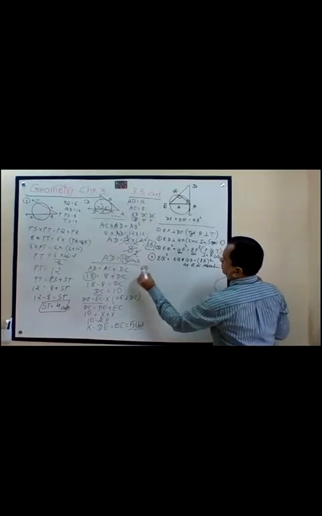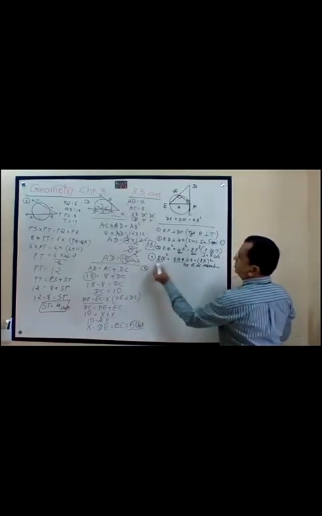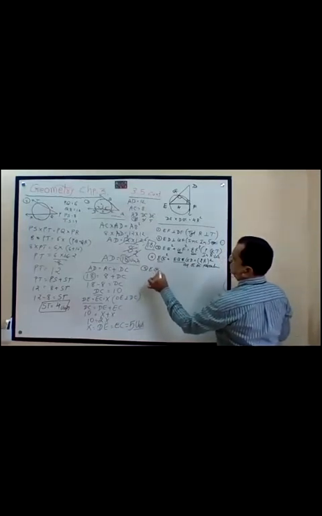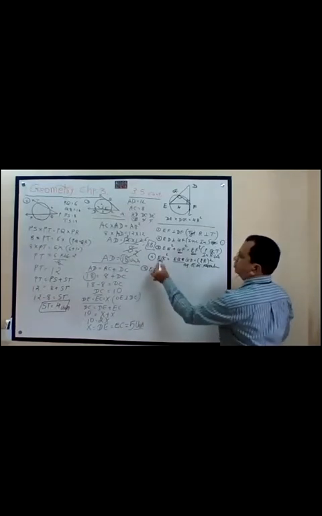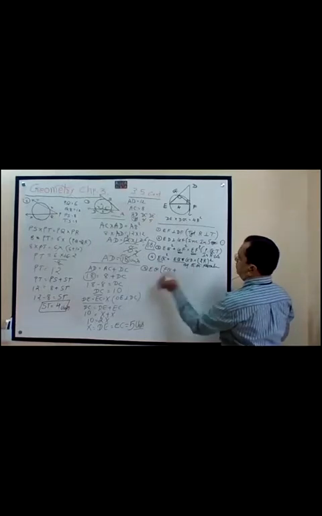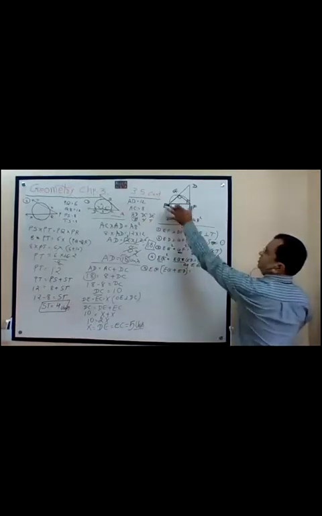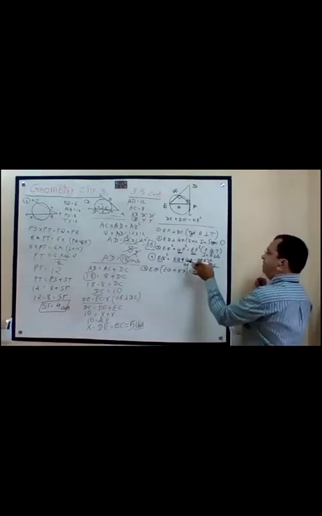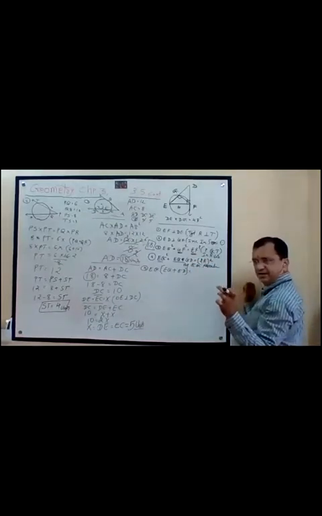Now fifth, I will take EG common. If EG is common, so one time out, one time in. EG out, so GD only remains. This is a diameter. Diameter means double radii.